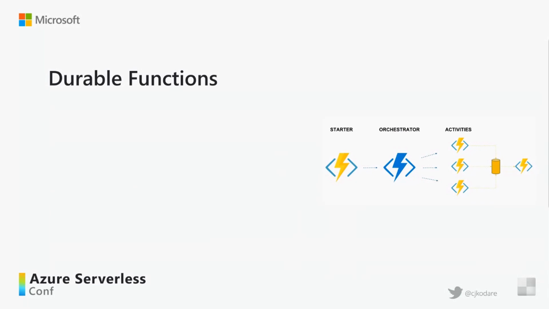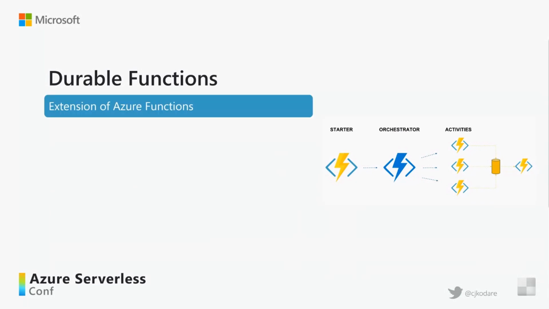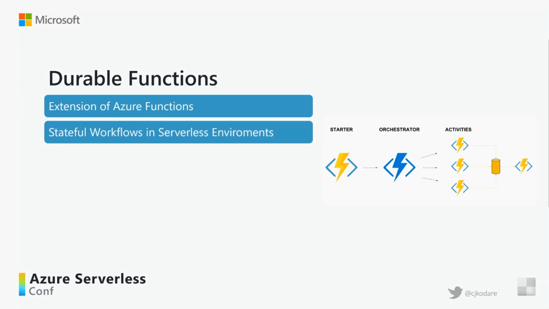So what are Durable Functions then? Durable Functions are an extension of Azure Functions. They allow us to write stateful workflows in serverless environments. I know that Logic Apps can allow us to do that as well, but in Durable Functions we do it more in code, so it's more code-driven logic.